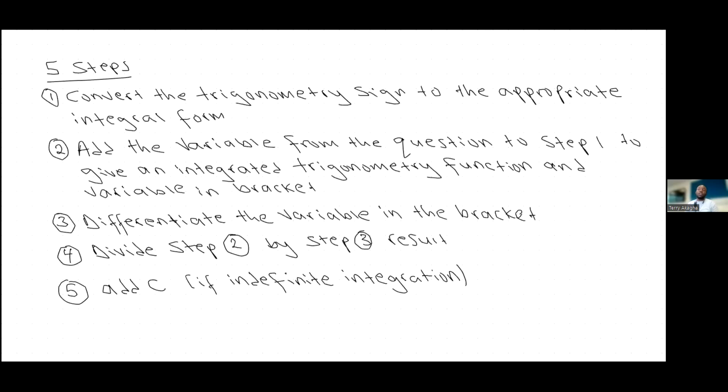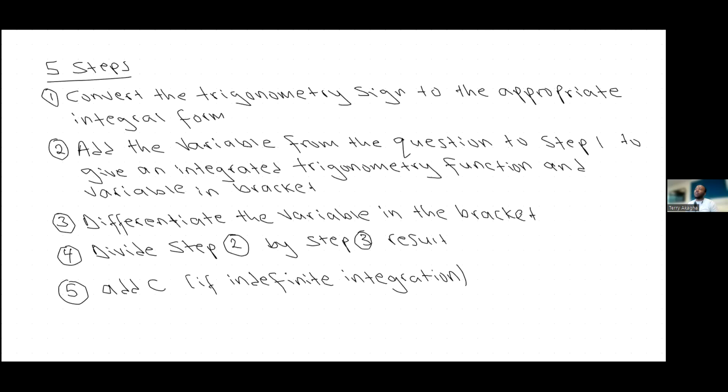All right. So let's solve some examples quickly to explain what I just said. The first thing, let's assume you're told to integrate sine 8x with respect to x. So now step one. Step one said you have to convert the trig function to the appropriate integral form.